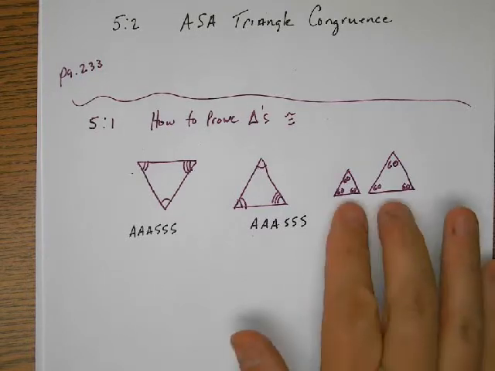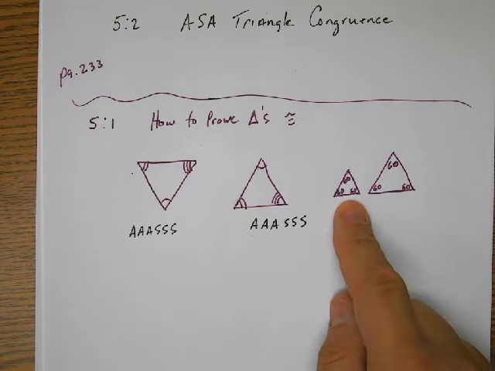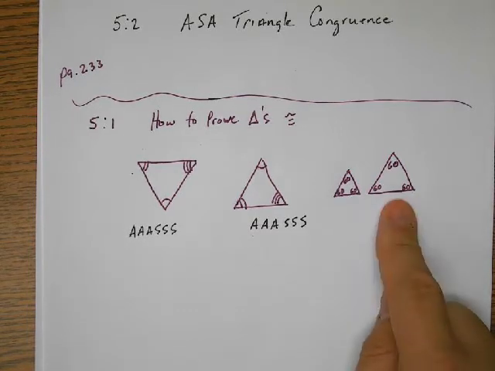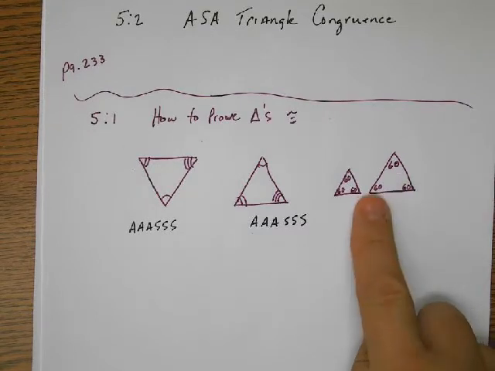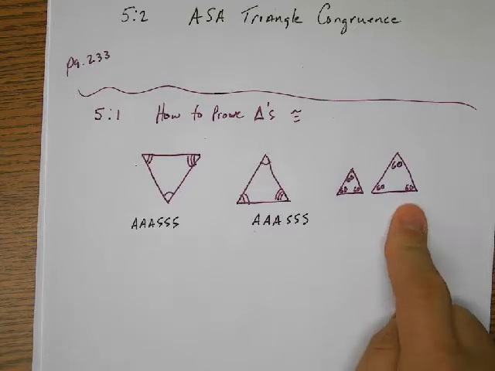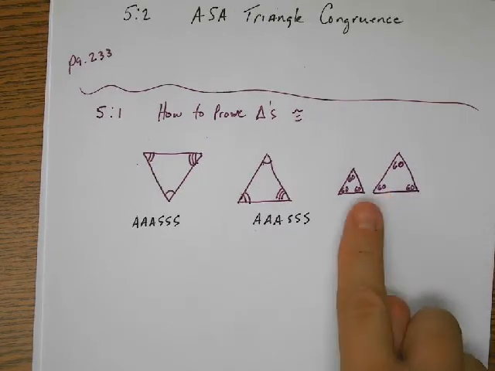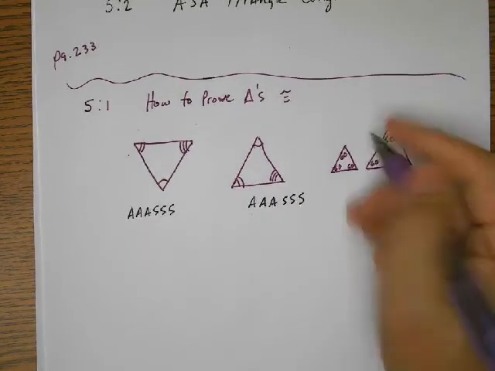Is that possible that we could have a smaller triangle where all 3 angles equal 60, and we could have a larger triangle where all 3 angles are 60? Yeah. Are these 2 triangles congruent? No! This one's a lot bigger than this one. They're not congruent.